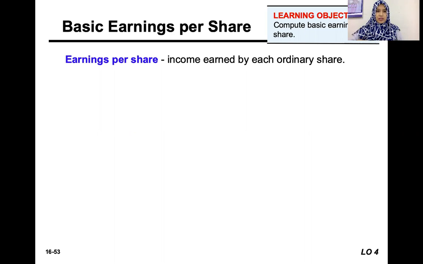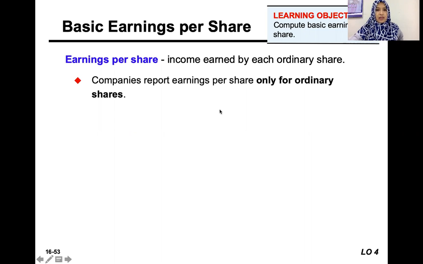Basically, earnings per share, EPS, is the income earned for each ordinary share. That's why it is called earnings per share. So how much income is supposed to be earned for each ordinary share. We only report EPS for ordinary shares.